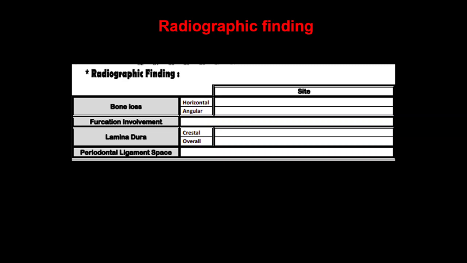When this line is parallel to the crest of the ridge, the interdental bone has a horizontal bone loss. If it forms an angle, it is an angular bone loss.